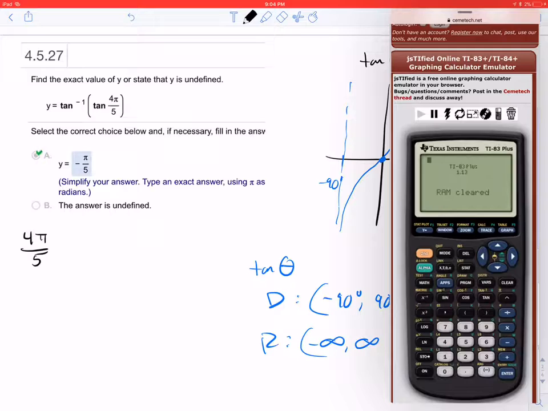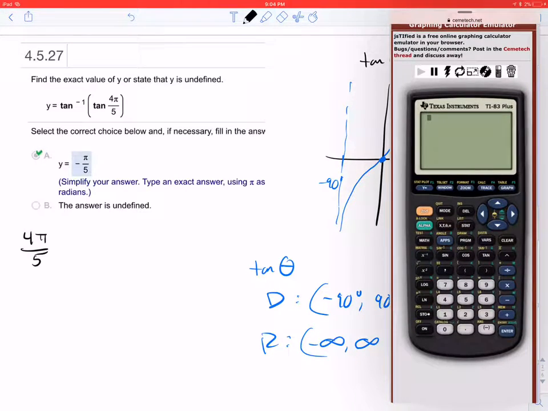So now, let's convert this radian to degrees. I'm going to multiply 4 pi over 5 by 180 over pi. The radians are going to cancel, and we're left with 144 degrees.